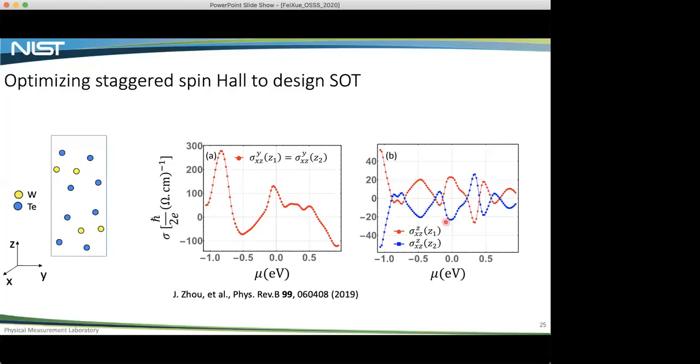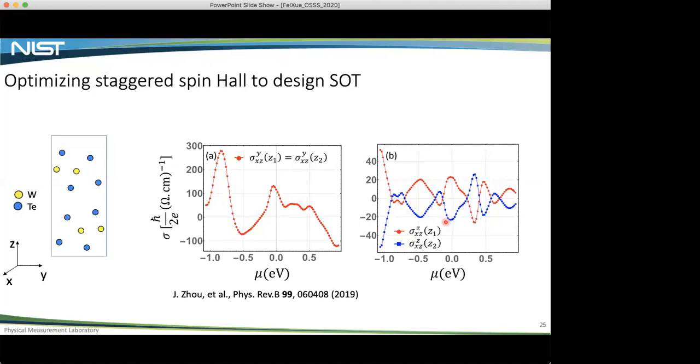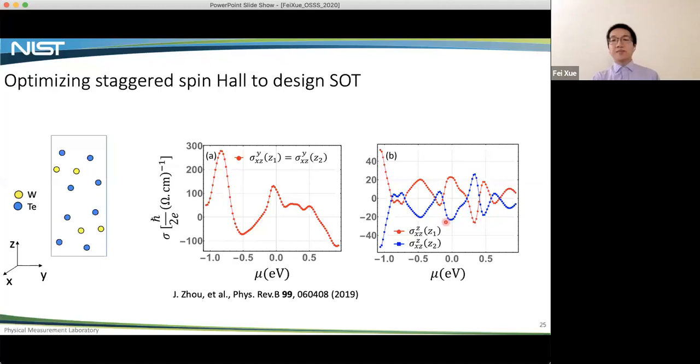Sorry, I understand that. But if you're talking about bulk, you also need some analog of the spin diffusion model, right? If you just calculate the bulk spin Hall current, you can't just take that as the value for the bilayer, if it's thin. Right?